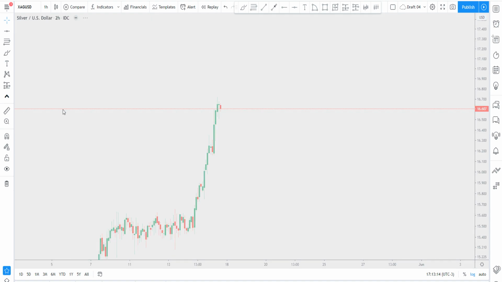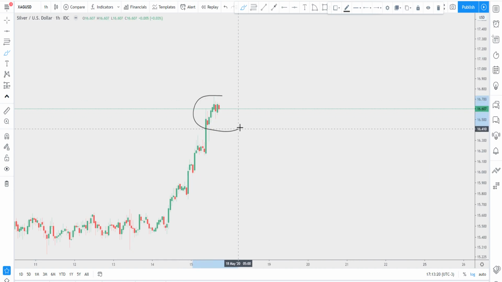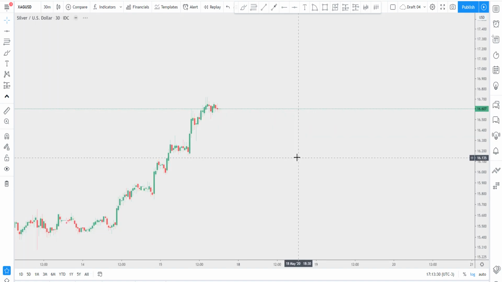Let's take a look on the hourly. The hourly is not bad, but we still don't have a window for the trading setup here. Let's take a look on 30 minutes.